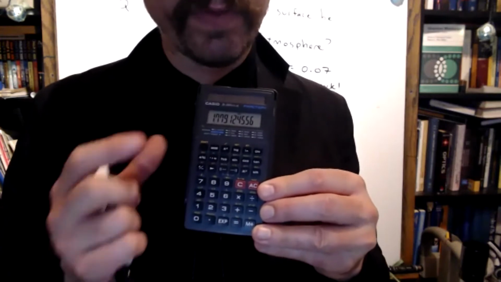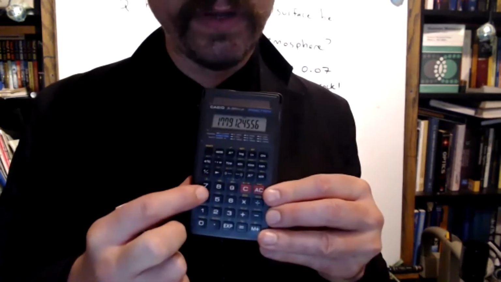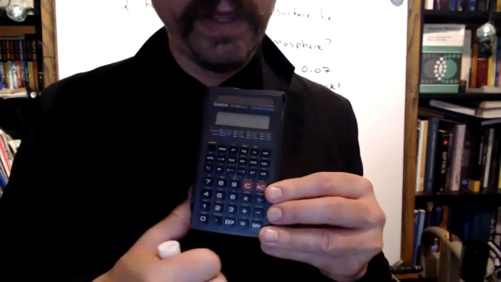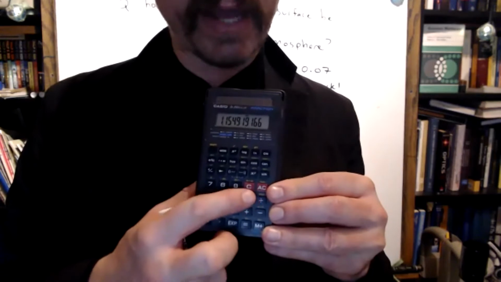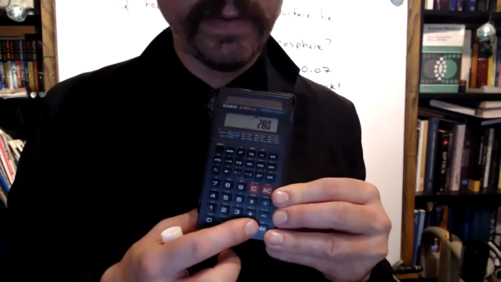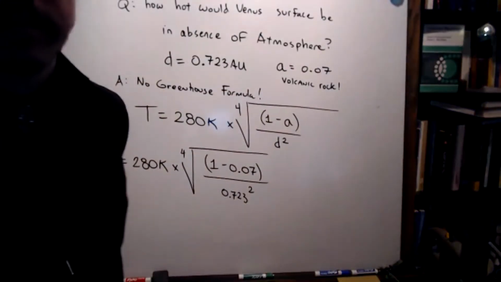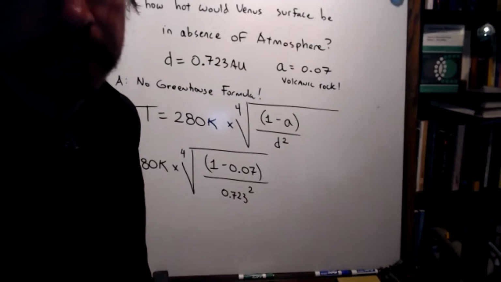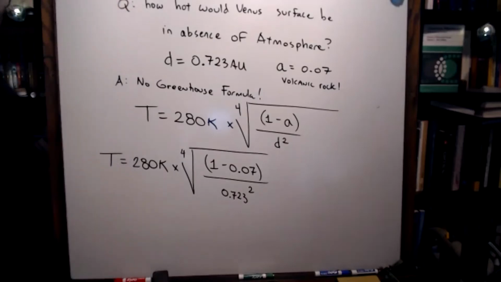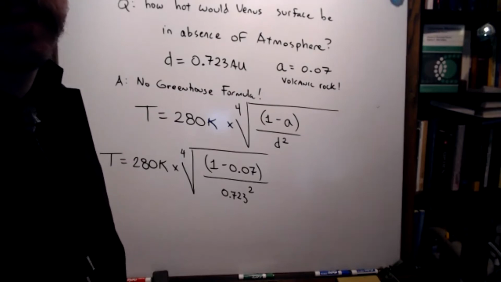Now we're going to take a fourth root, shift arbitrary root 4 equals, and now we back multiply by 280. What'd you get? Okay, Matt, read it out to us.